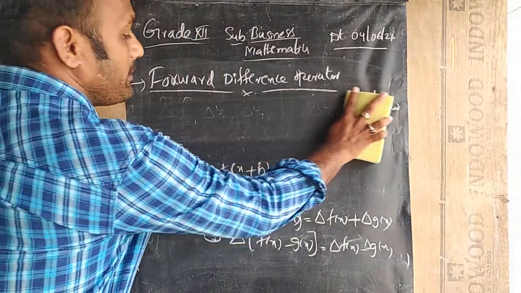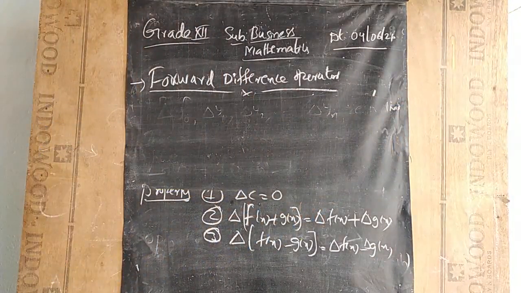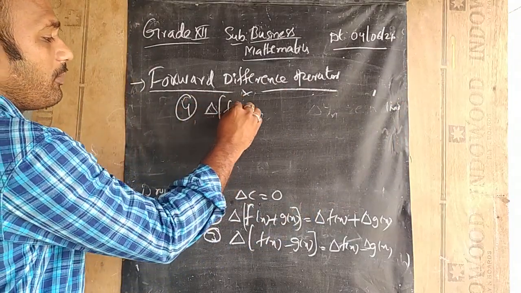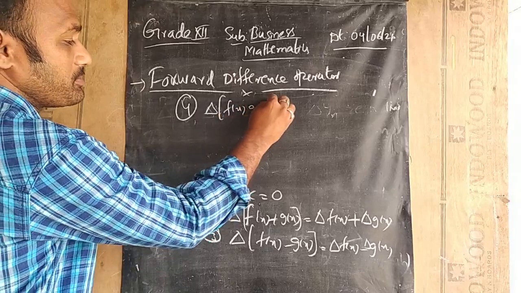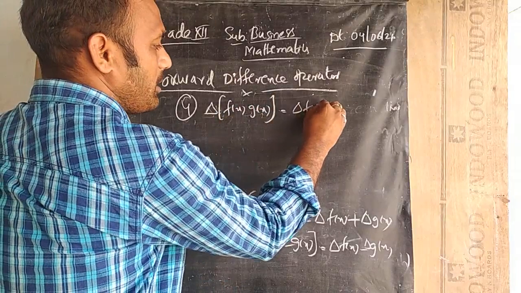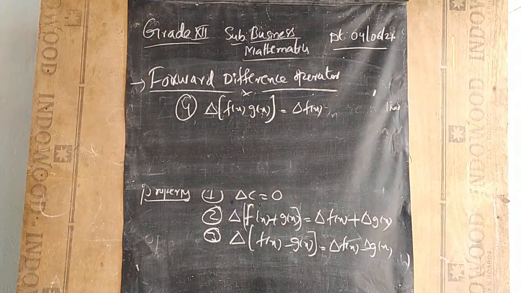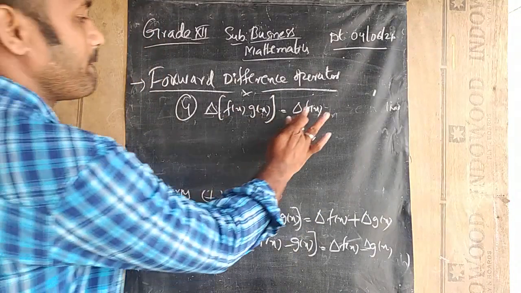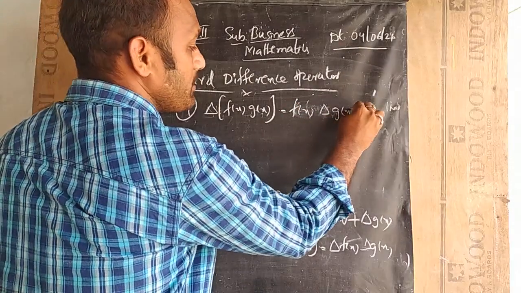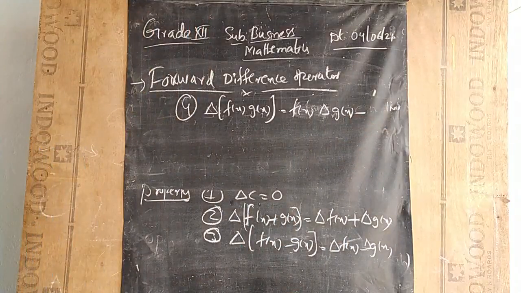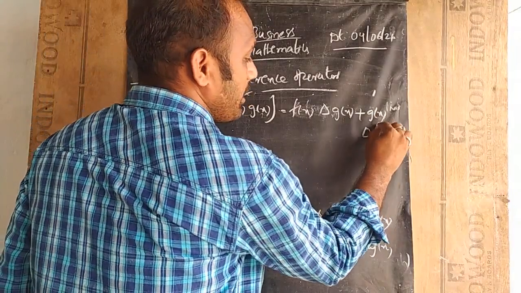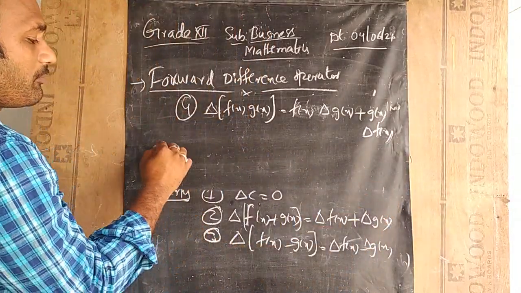Okay, next, fourth property: delta of f of x into g of x, if suppose there is a multiplication of these two. The answer is f of x delta g of x plus g of x delta f of x. So very important formulas.